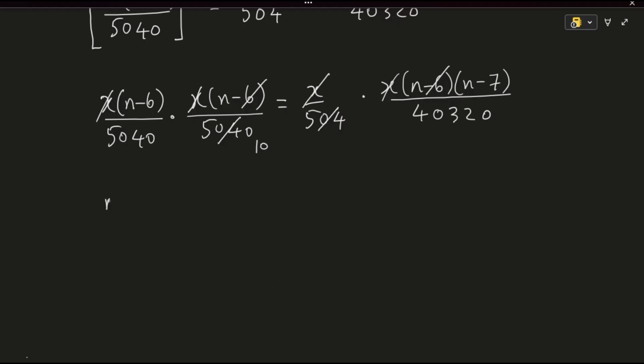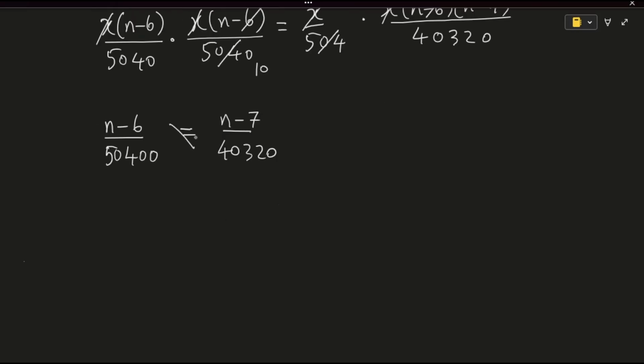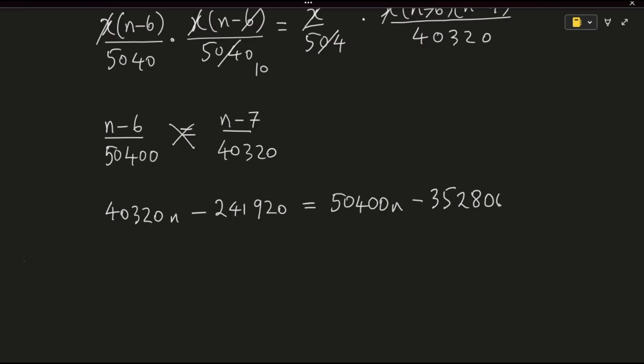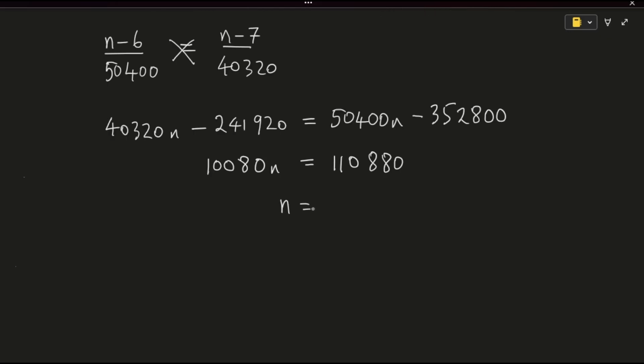So we're going to have, now if we are to cross multiply, we're going to have n is 11.